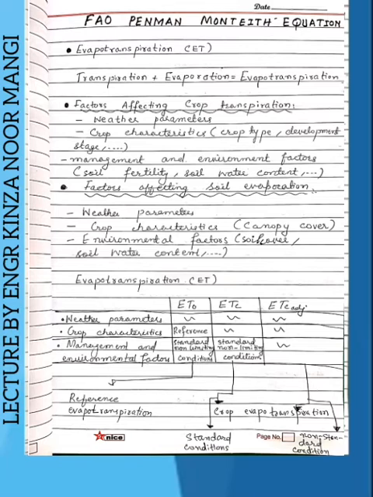Now, for calculating the rate of evapotranspiration, it is essential to know and measure these parameters. So now we will consider these parameters individually and independently. Here are three denotations written in this column: first is ET naught, second is ETc, third is ETc adjusted.